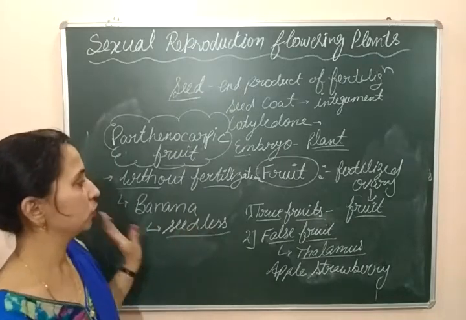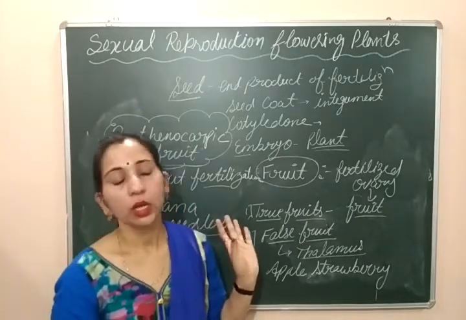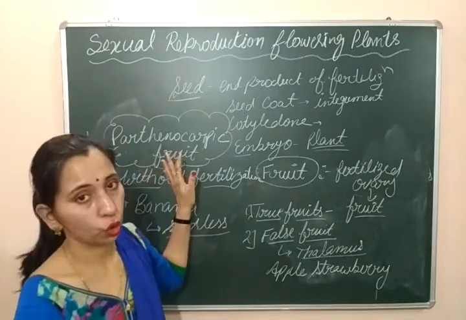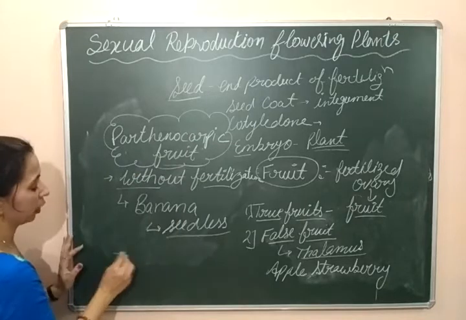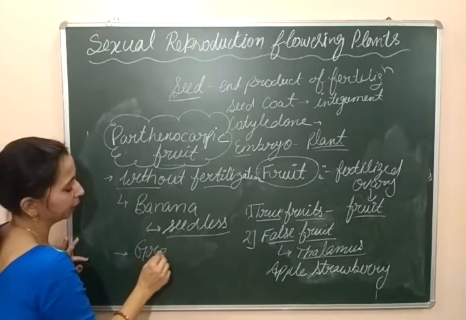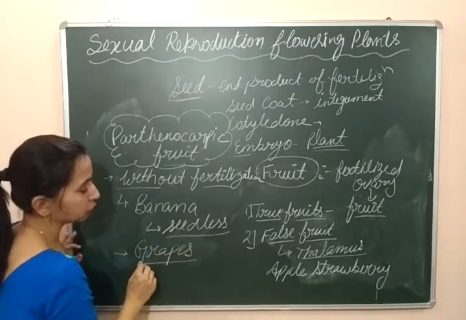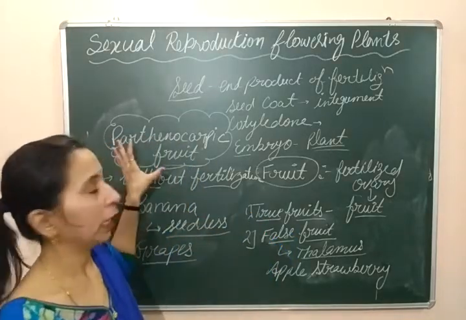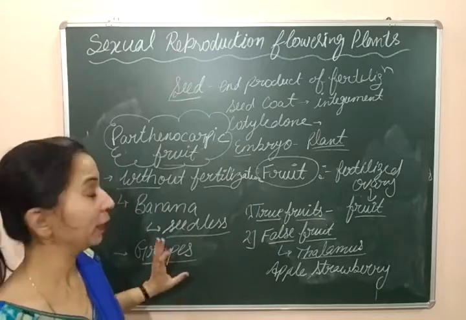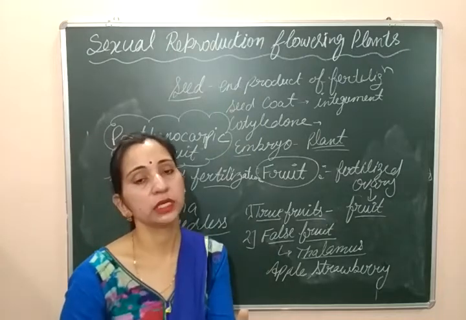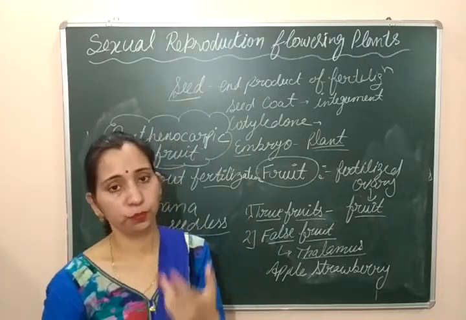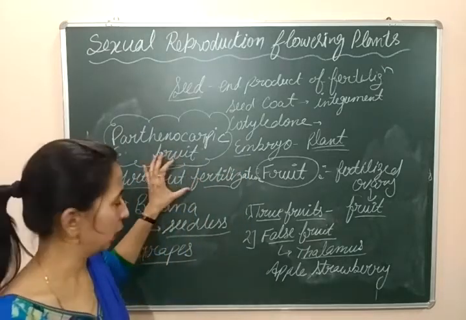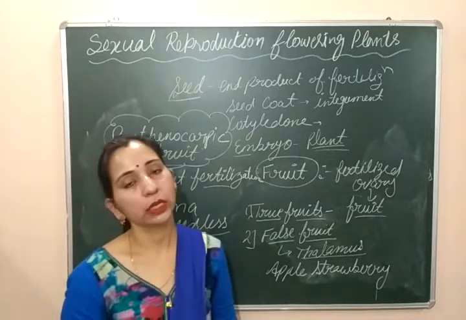Nowadays, lots of research is going on, and scientists have developed some other parthenocarpic fruits also. Like today we can get grapes which are parthenocarpic, and they are artificially grown parthenocarpic fruits. आज के टाइम पे हम कुछ ग्रेप्स के एग्जांपल ऐसे देखते हैं, हमें ऐसे ग्रेप्स नजर आते हैं जो पार्थेनोकार्पिक फ्रूट्स हैं, जो आर्टिफिशियली ग्रो करवाएंगे विद द हेल्प ऑफ हार्मोन्स एंड सम केमिकल्स, एंड दीज टाइप ऑफ फ्रूट्स डू नॉट कंटेन सीड.